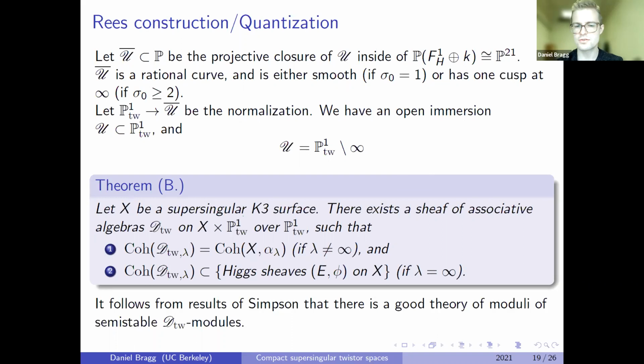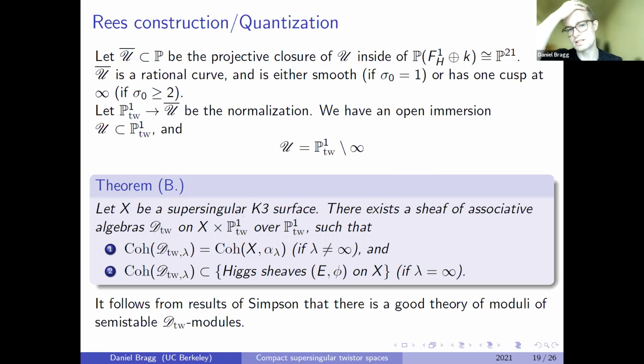And it follows from results of Simpson here, and I think definitely some other people, that you can take moduli spaces of semi-stable modules over such algebras. Okay, so this is kind of the starting point for my investigations.